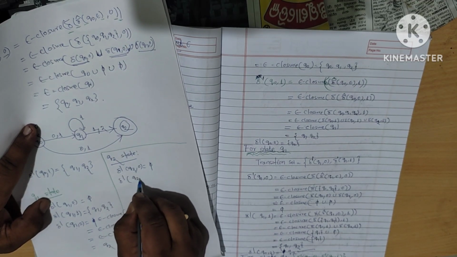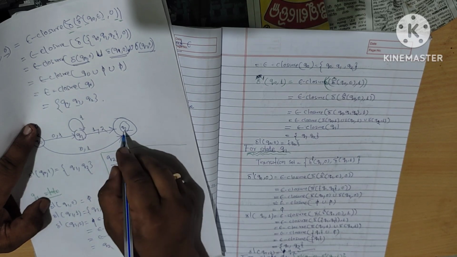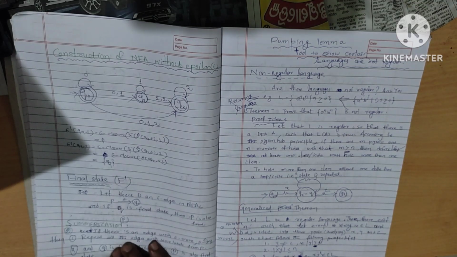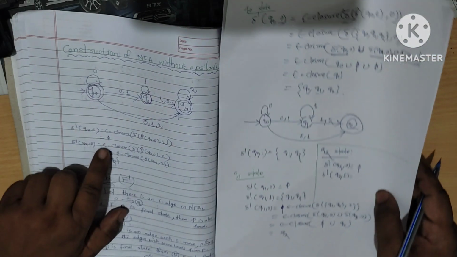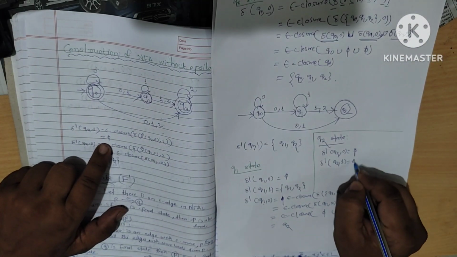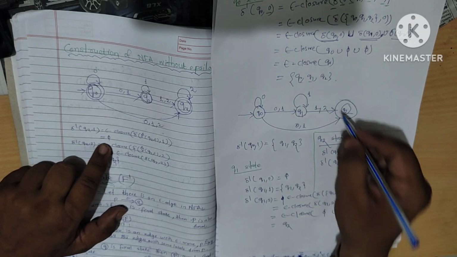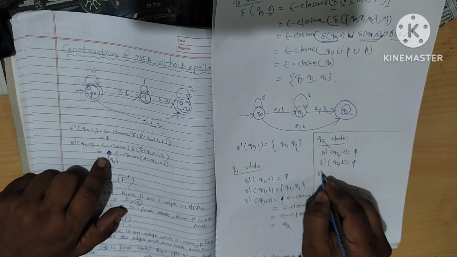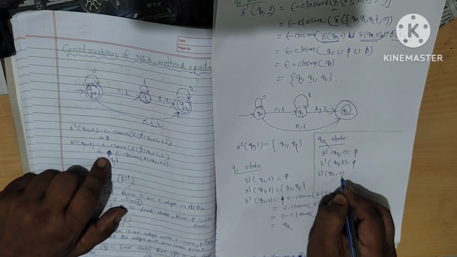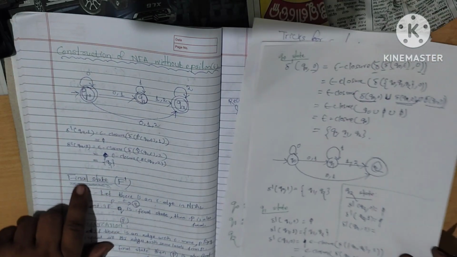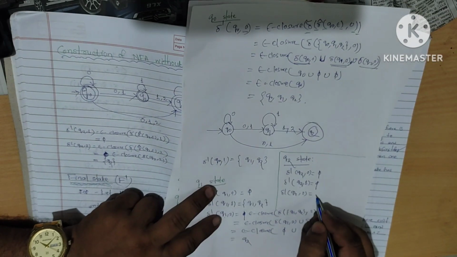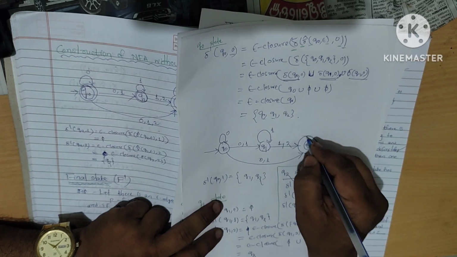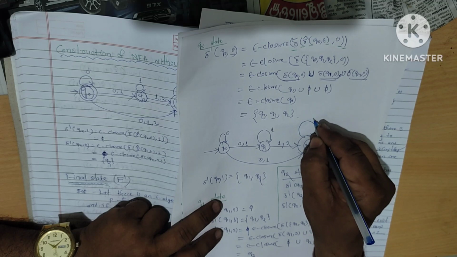Del dash for the state q2 on 1: you can see here in this picture we have written it is again phi. That is, from q2 on 0 no transition, q2 on 1 no transition, from del dash q2 comma 2, now let us check here what we are getting. It is called q2. So it concludes that q2 on the input 2, it is going to the same state.